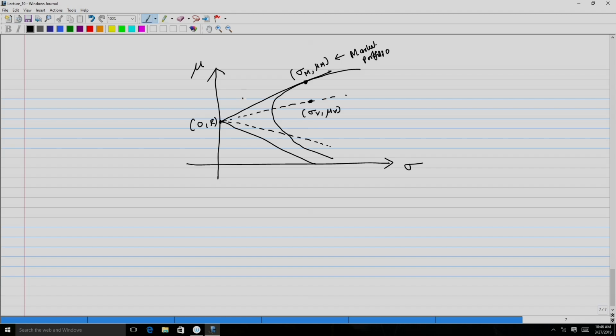And this top line here, this is what is known as the efficient frontier in case of the portfolio V. So, essentially what I have got here is the efficient frontier for portfolios which includes a risk free security.